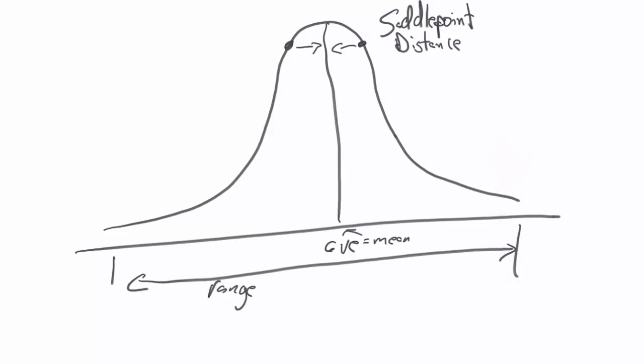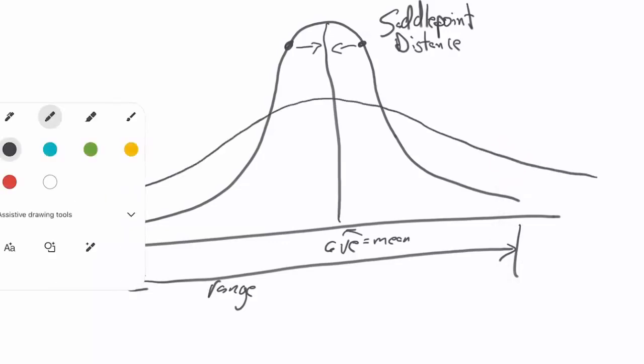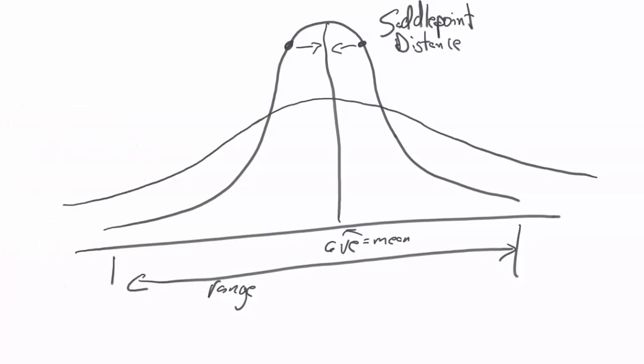And again, I'm going to identify where the upside down bowl meets the sideways bowl of this curve, and that is right about here. Notice that the saddle point distance is much bigger. Fatter bell-shaped curves, bigger saddle point distance. Skinnier bell-shaped curves, smaller saddle point distance.